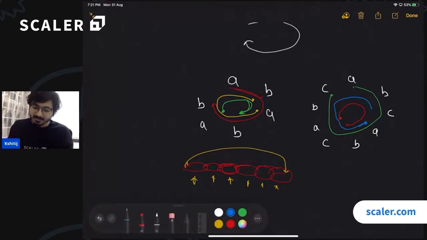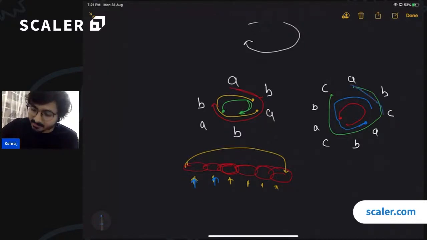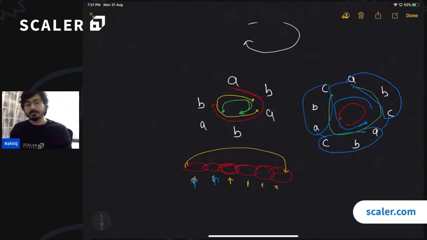You can say that this part is my start or this part is my start. All of them are going to give you a chain of the exact same length. Similarly, here you can assume this whole string as a chain. If you join these two, which is the start, you don't know. From any start, you can get the exact same string of the same length, correct?